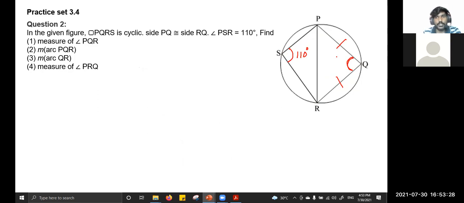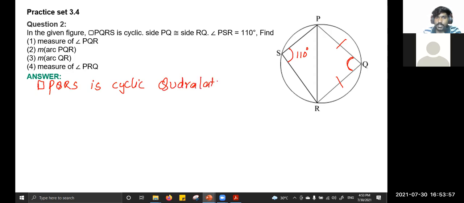Now, how to find out the measure of angle PQR? Note one thing, that it is given that PQRS is cyclic. So it is nothing but a cyclic quadrilateral. Now, the theorem on cyclic quadrilateral that you studied, what is the theorem? Opposite angles of a cyclic quadrilateral are supplementary.